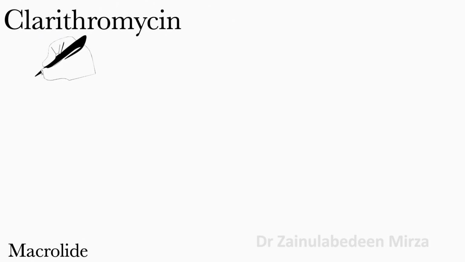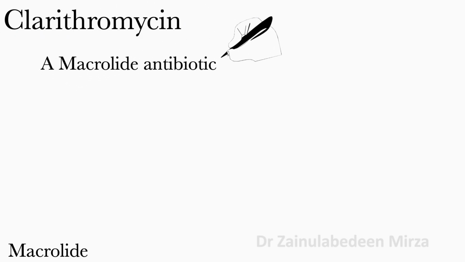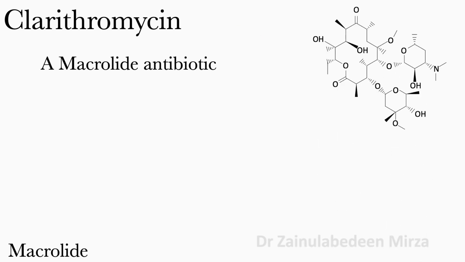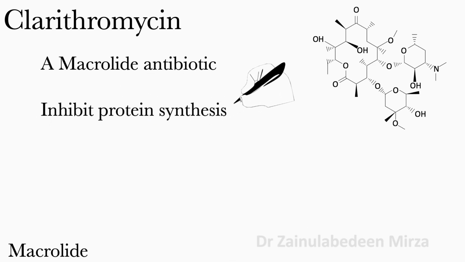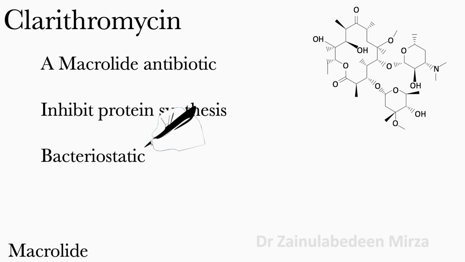Clarithromycin is a macrolide antibiotic that binds to ribosomal receptor sites of susceptible organisms, inhibiting protein synthesis of the bacteria. Clarithromycin is bacteriostatic but may be bactericidal at high dosage against very susceptible microorganisms.